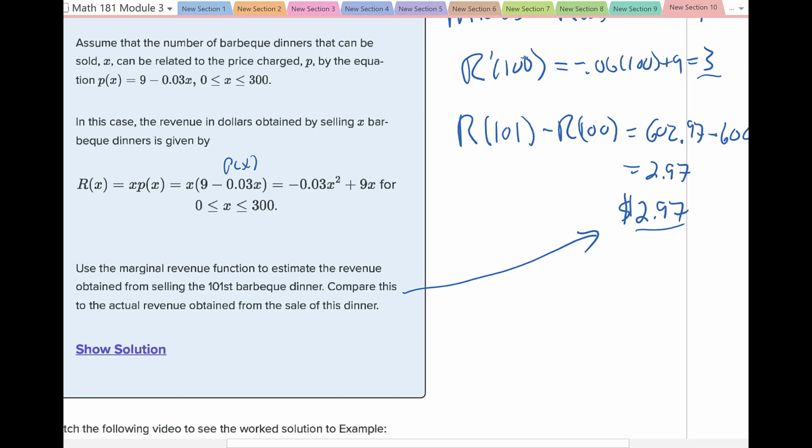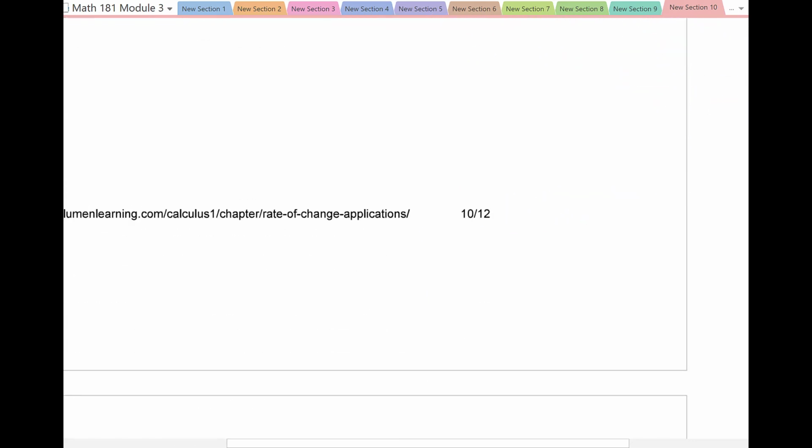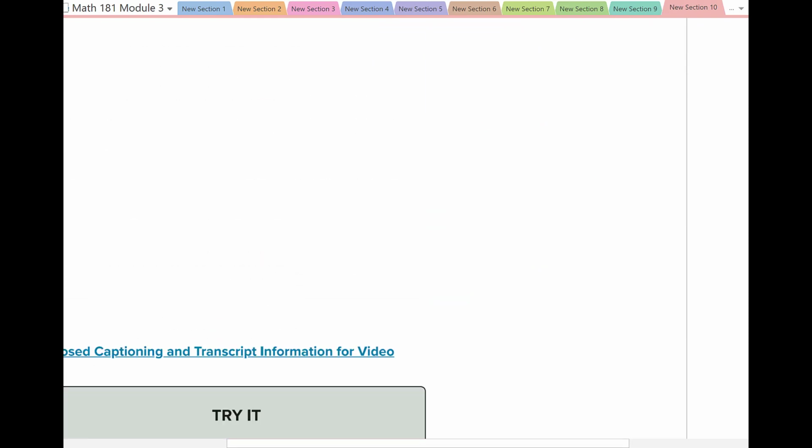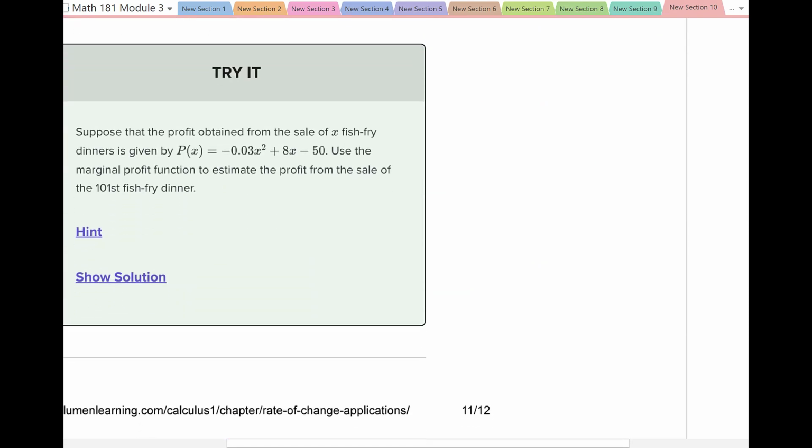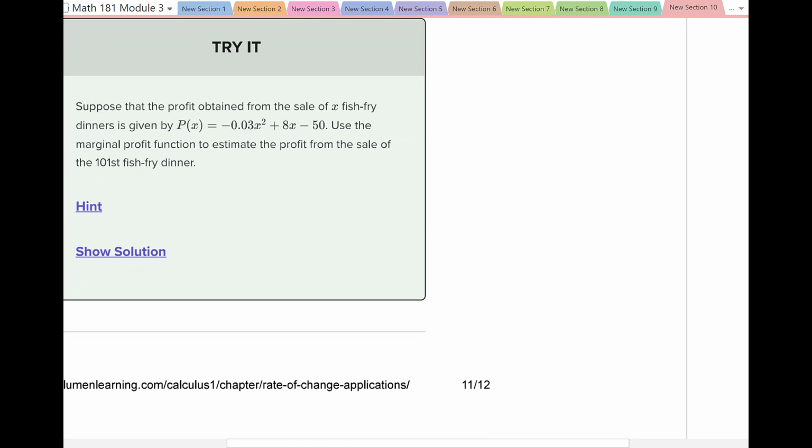Okay, our last example from this section. Suppose that profit obtained from the sale of X fish fry dinners, that was barbecue before, now it's fish fry, is given. Now they gave us the profits. So we have P of X equals negative 0.03X squared plus 8X minus 50. Use the marginal profit function to estimate the profit from the sale of the 101st fish fry.